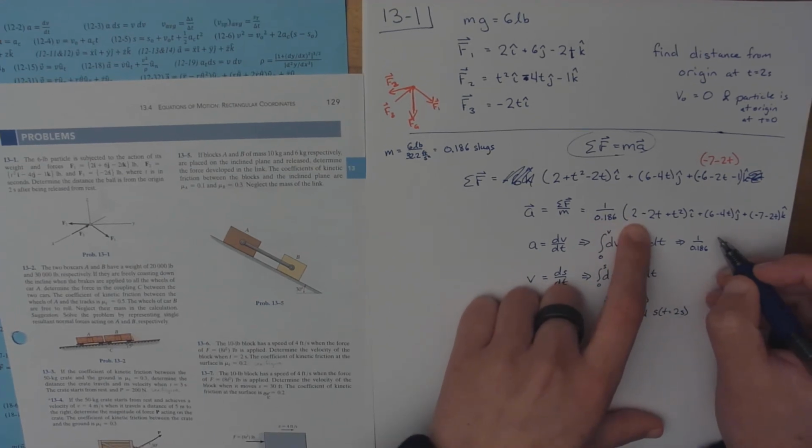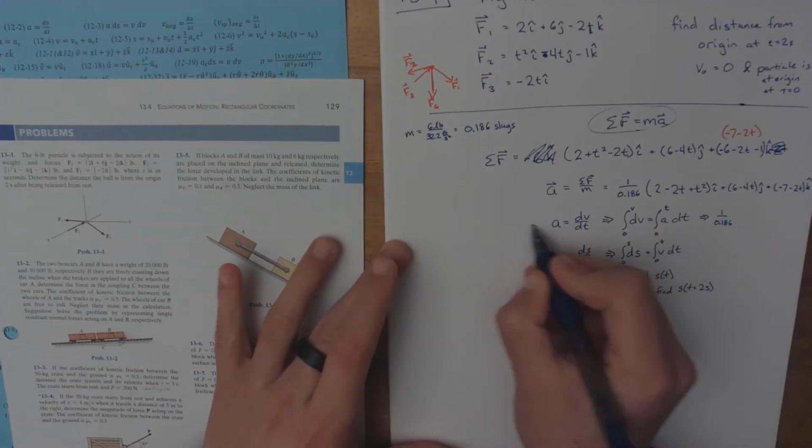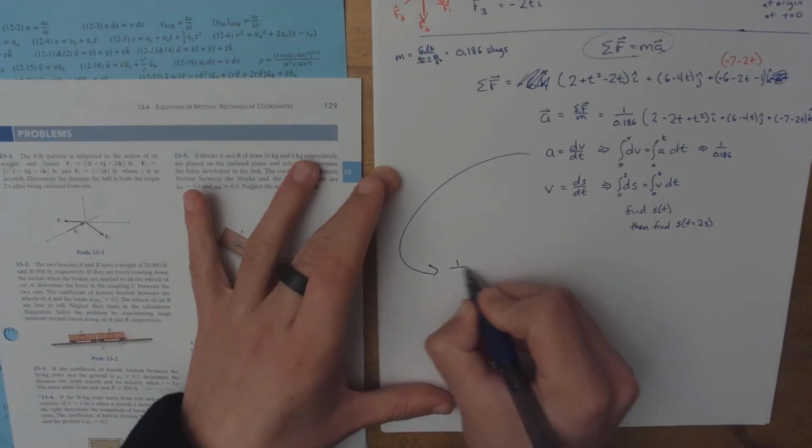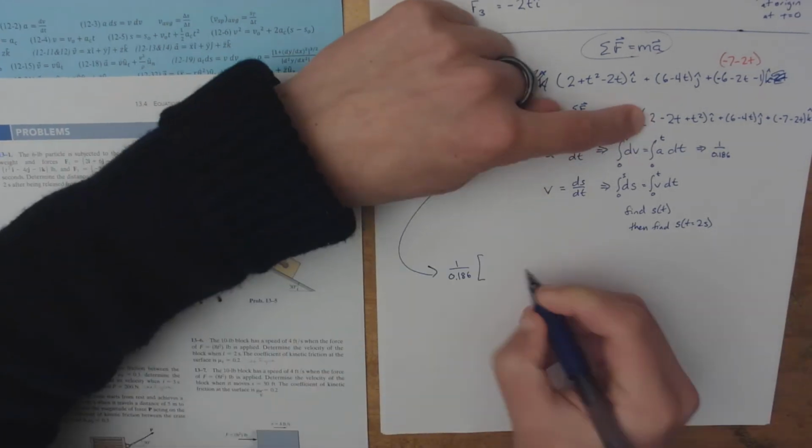This isn't that hard. Okay, so integrating with respect to time here, I just think I'm going to run out of room though, so let's put it down here. Okay, so we integrate this.